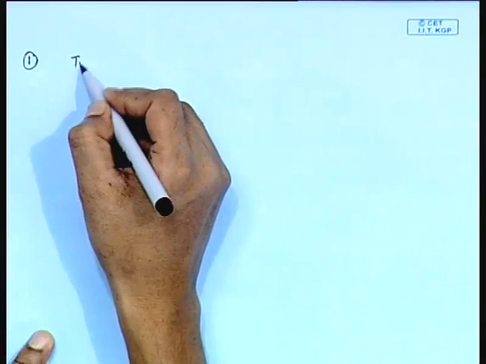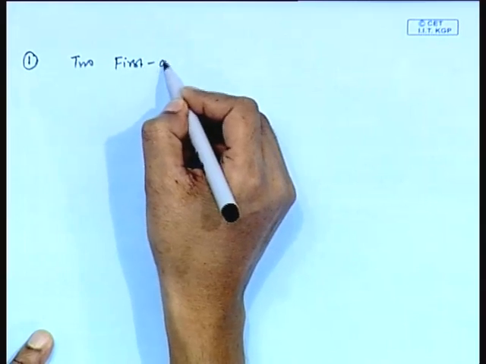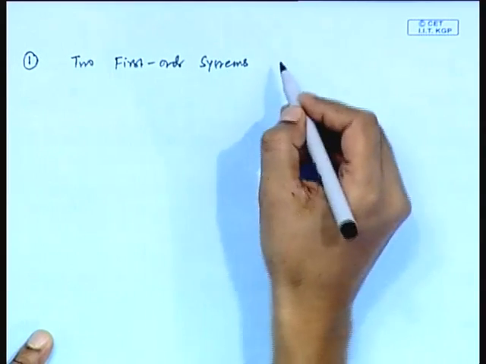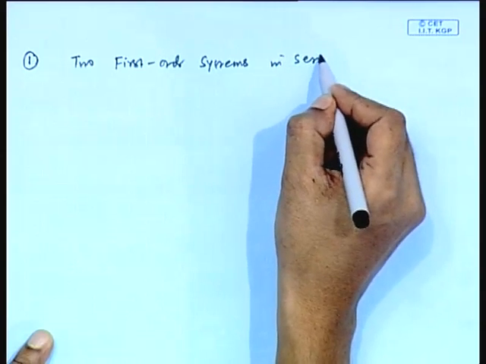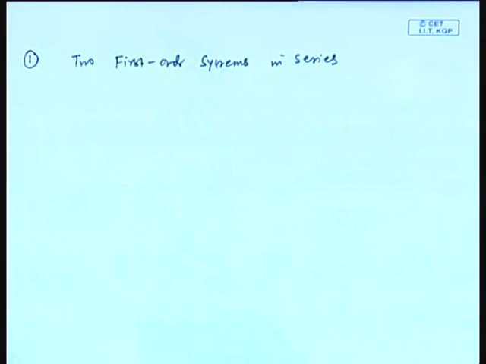By connecting two first order systems in series, we obtain second order dynamics. So, by connecting two first order systems in series, the overall dynamics becomes second order dynamics. This is the first conclusion.